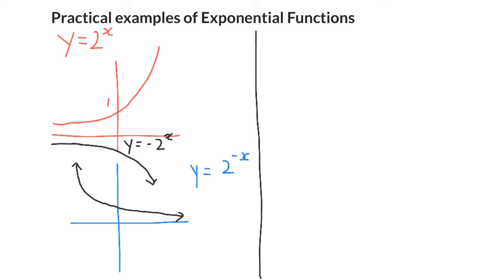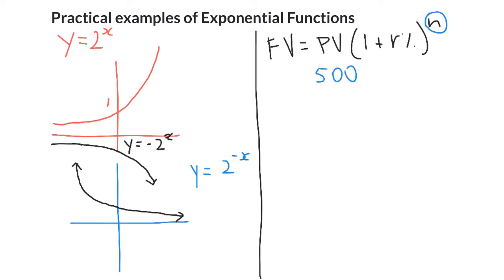So one really simple example is the future value formula. FV equals PV (1 plus r) to the n. This n up here means that we've got an exponential function. Okay, so if I told you I'm investing $500 and I'm going to invest it at 4% per annum, I'm going to call that, in fact, rather than 4%, I'm going to call it 0.04.